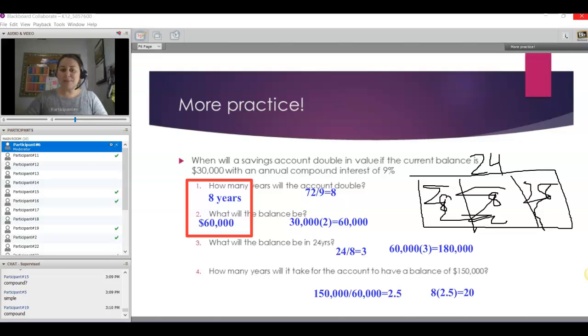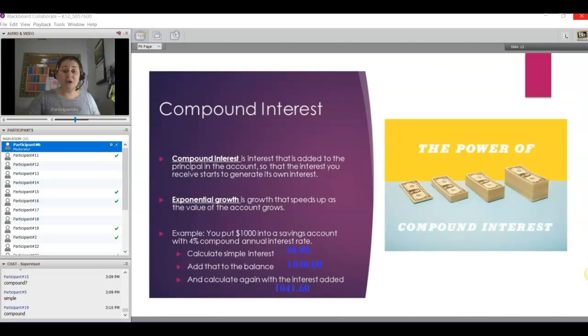You would actually get paid more money out of compound interest, right? Because, like I said before, compound interest starts building. It generates its own interest from the interest you receive.